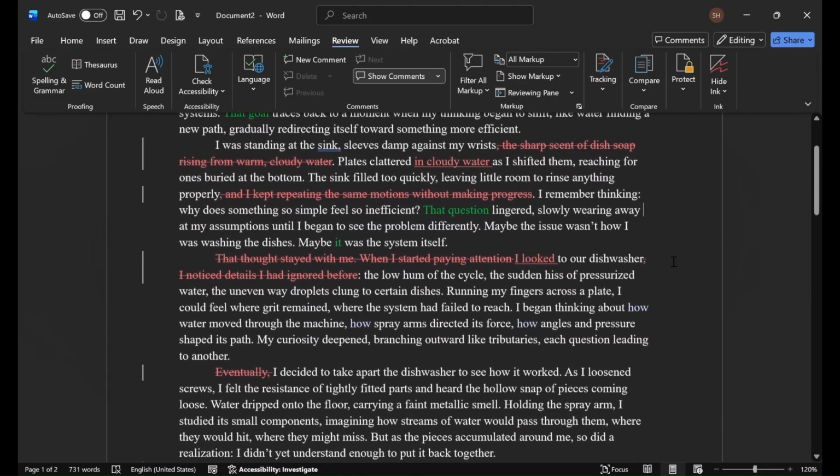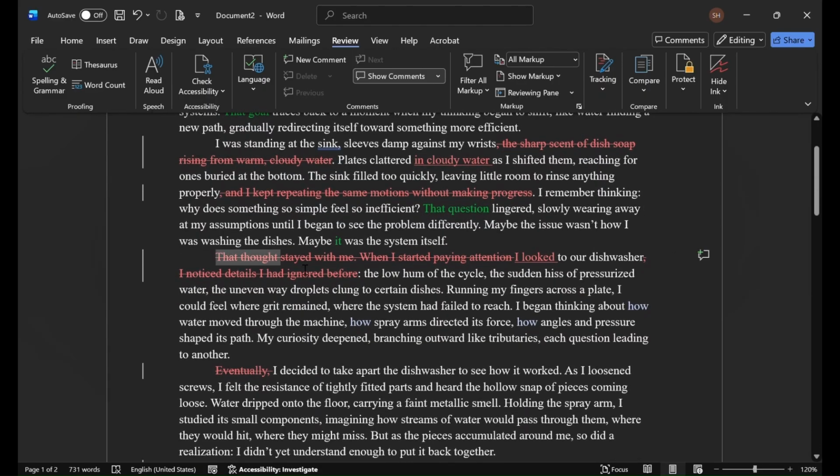Here we have, "That thought stayed with me when I started paying attention." This is one of those instances where you're referring back to the previous paragraph or sentence. That thought, right, we're referring to here. Since we are looking to cut things down, that is not always necessary. One of the suggestions I made previously was to combine these two memories.